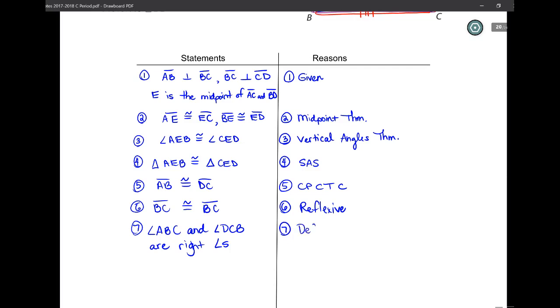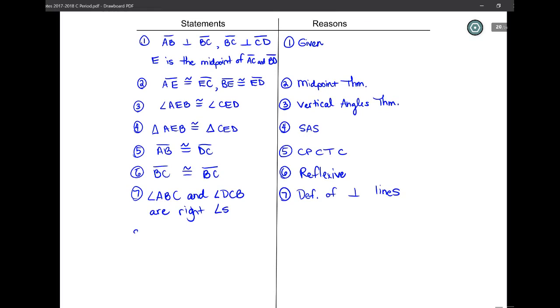So I'm going to just write in here definition of perpendicular lines. And if they're both right angles, then they must be congruent. So I'm going to write ABC congruent to DCB. And the reason here, all right angles are congruent. That's one of those reasons from our list.